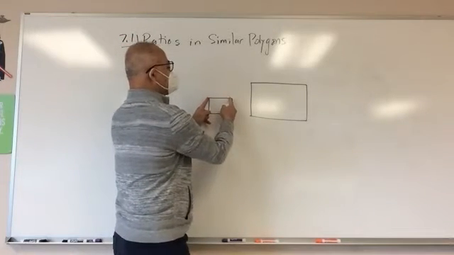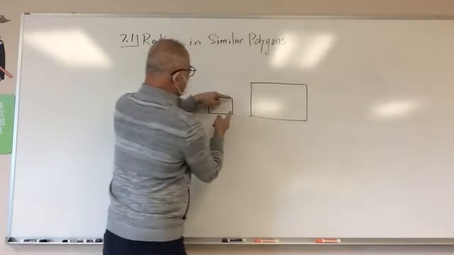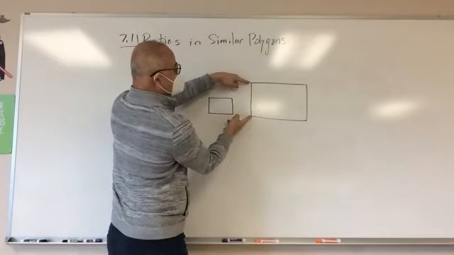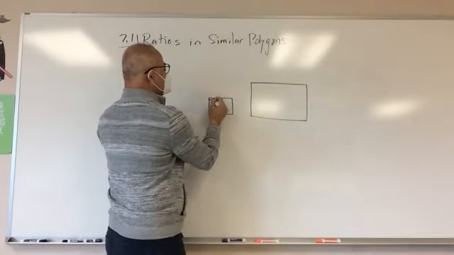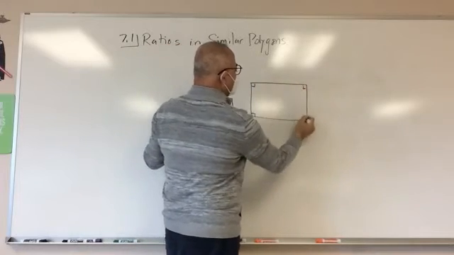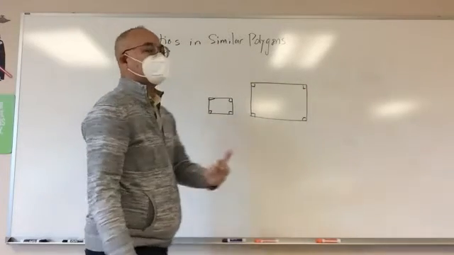These ratios to this, this to this, and obviously the angles need to be the same, since I told you they were rectangles.